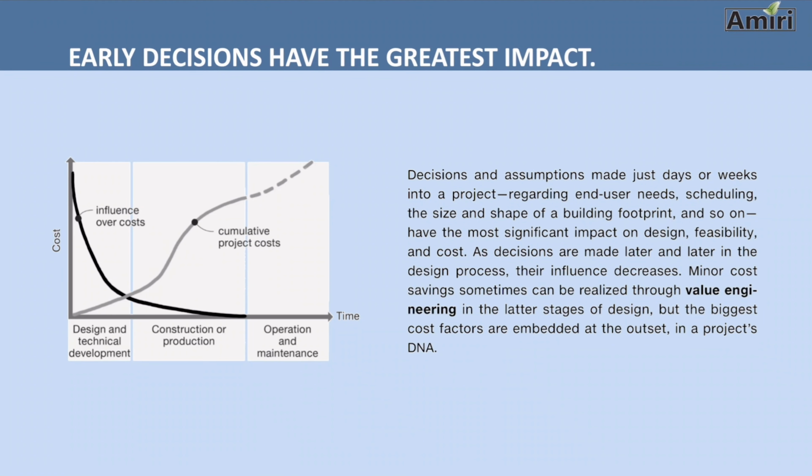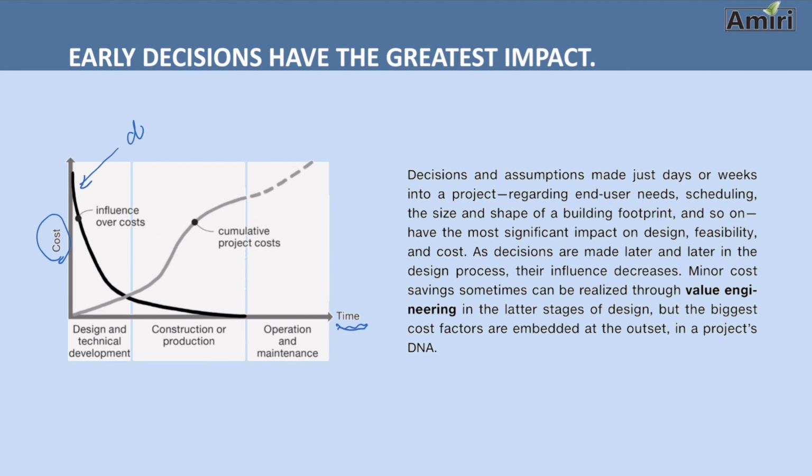Talking about decisions. Looking at this curve, it's still time, axis X is your time. It's divided into 3 main stages. You're designing it, and then you're making it, and then you're operating and figuring out what the product is doing. You make a lot of decisions early on. The decisions you make early on, you see how much it affects the cost of the product, this black line here.